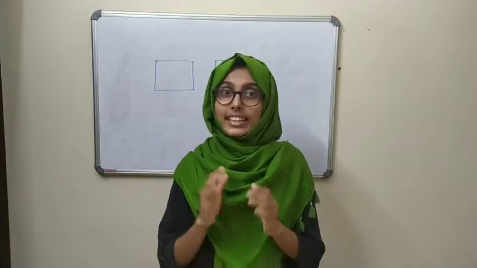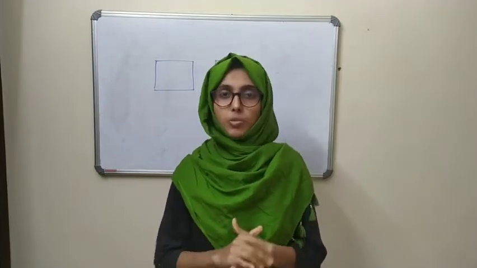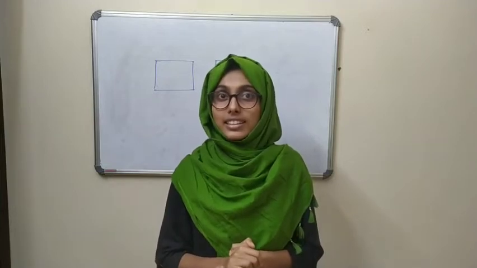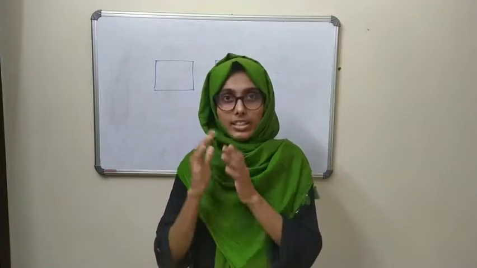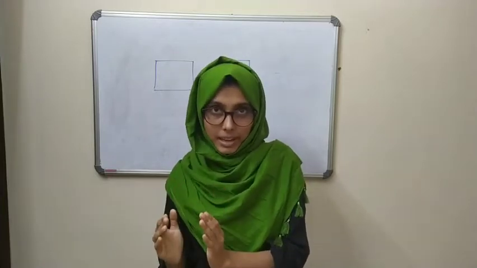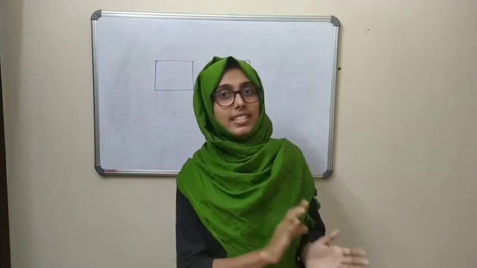How many bangles? Yeah, 10 bangles in 2 packets and 6 more. That means in one packet there are 10 bangles, and in another packet there are 10 bangles, and 6 more.